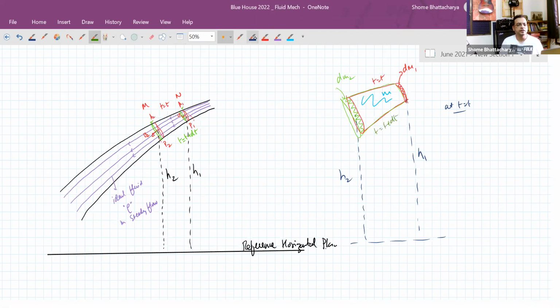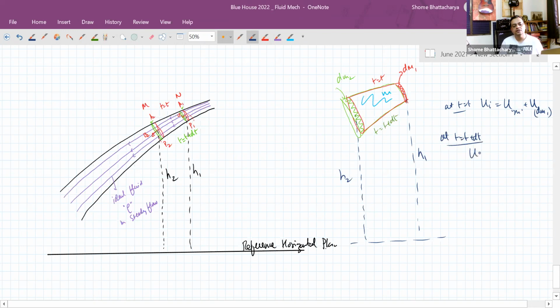At t equal to t, we can write the initial gravitational potential energy as the potential energy of the common part M plus the potential energy of that small part dm1. At t plus dt, we can write the final potential energy as again the potential energy of the common part, plus the potential energy of the lower part dm2.